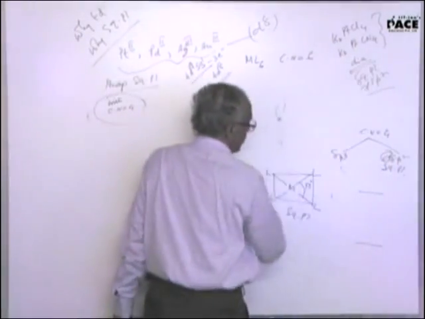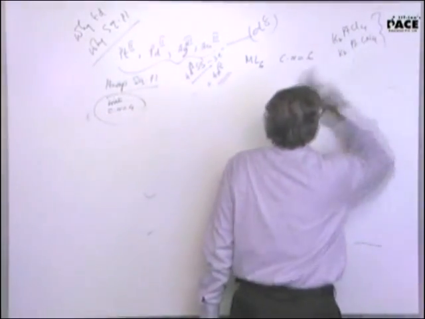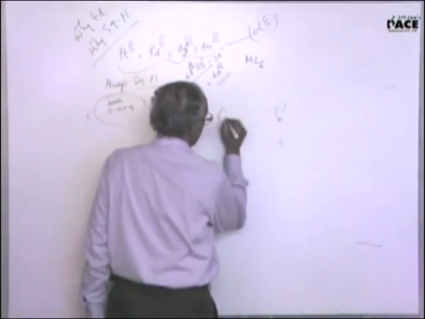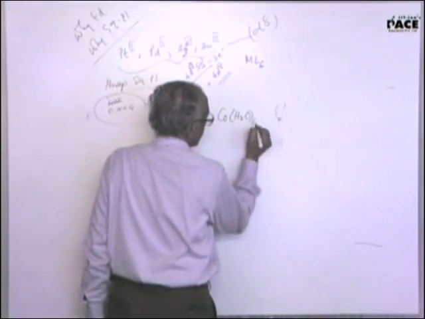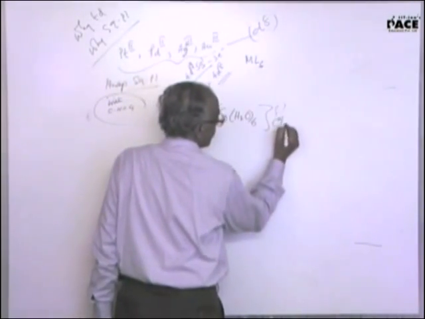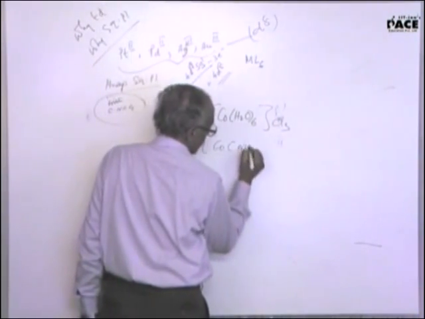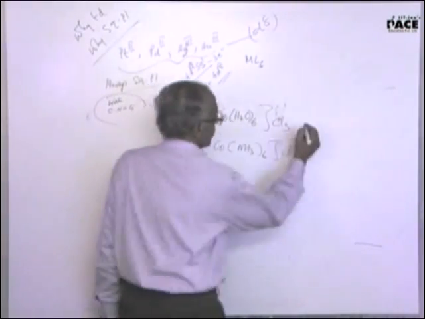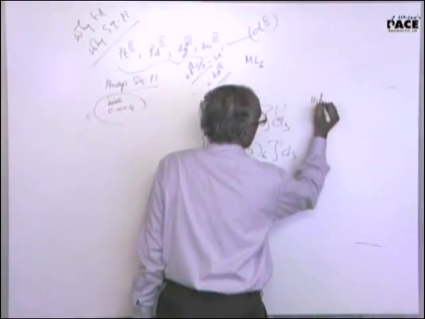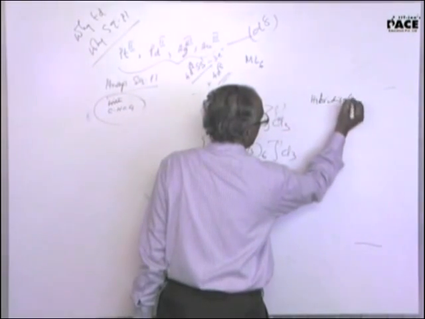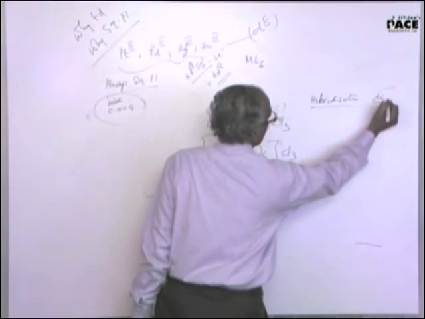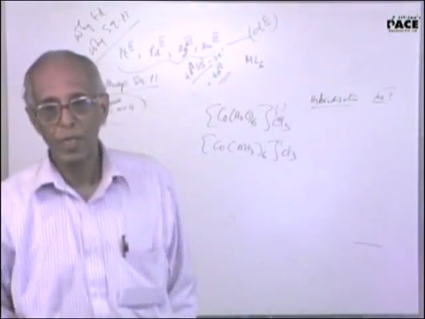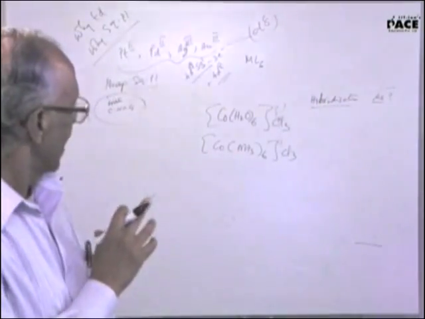Okay, now for you, what will be the hybridization for a cobalt 3+ complex where water is a ligand and ammonia is a ligand?